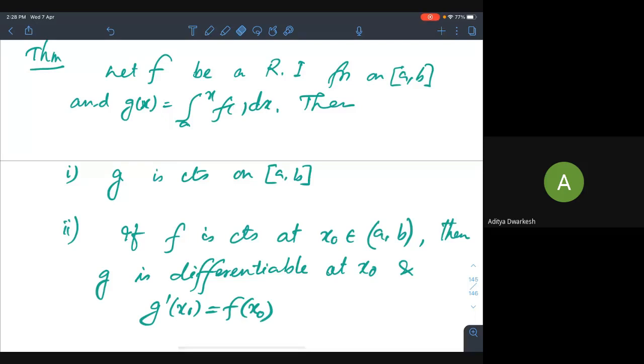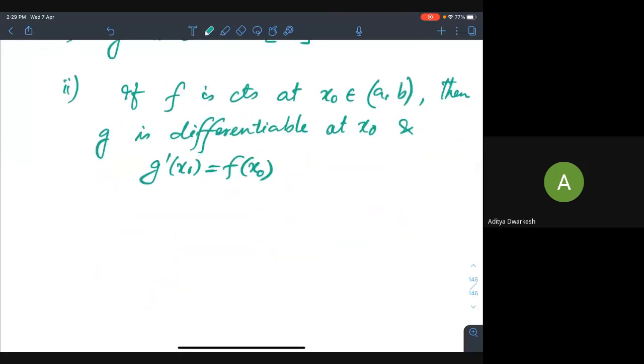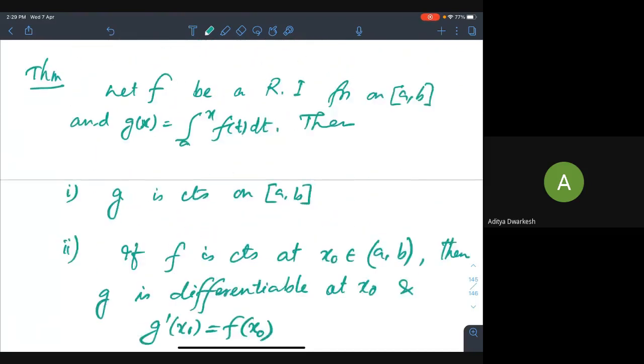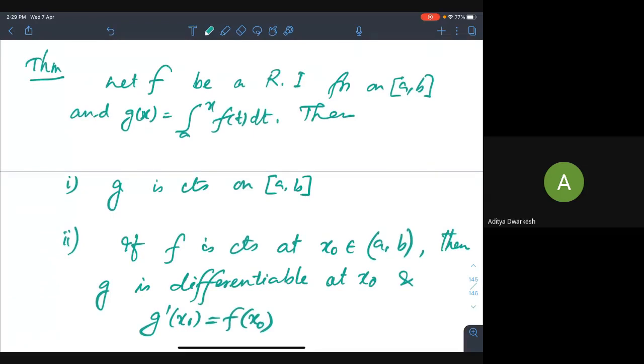Because x is the limit, yeah. Then if f is continuous, you get the function g whose derivative will become f. Right. So this is the theorem. Is the statement clear? Given a Riemann integrable function, you want to find a function whose derivative is that function.